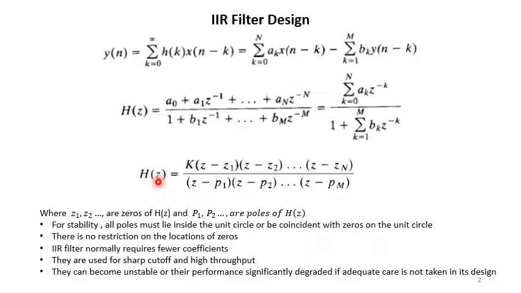In general, the ROC is the region outside the outermost pole. But for the case of a stable system, the poles must lie inside the unit circle, whereas you understand from the previous discussion that there is no restriction on the locations of the zeros.